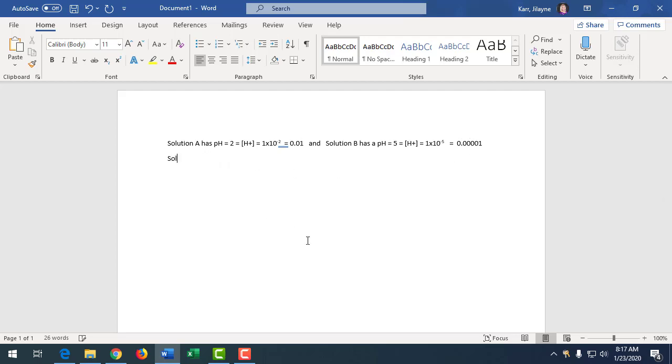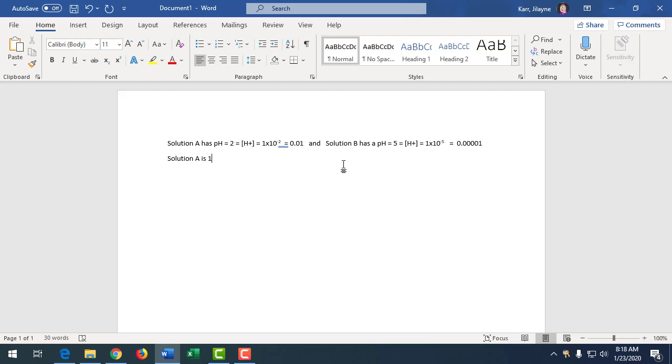How much more? Solution A is how many times more acidic? This is all based on tens, right? So how many more zeros do we have here than we have here? 3. So when I add 3 zeros, how many times more acidic is that? It's based on tens, right?